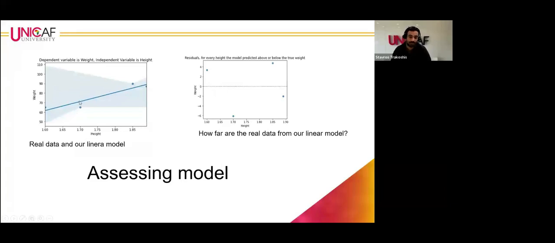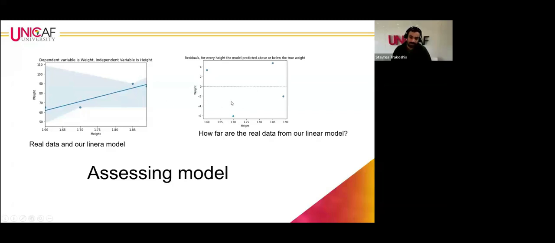It's called the residual or residual error. Residual means what is left. So what is left here from the observation to the model or the line is some weight in kilograms. And every data point is far from the line by some kilograms.